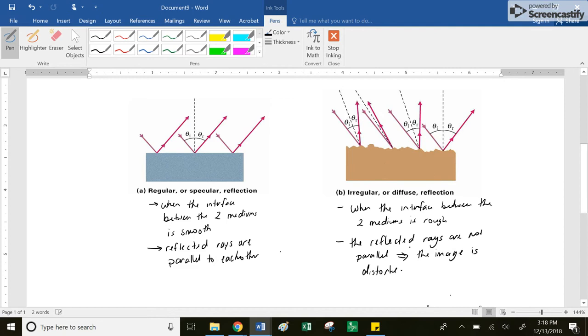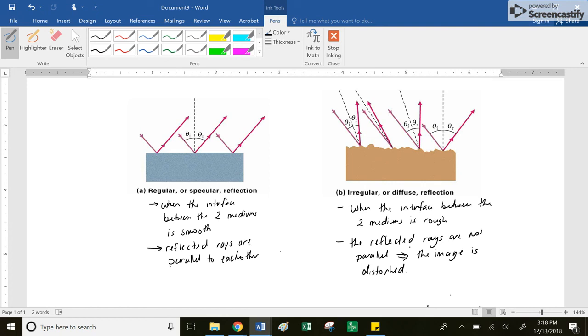This is the difference between looking at yourself in a mirror at home, where you have a very thin layer of metal and then a coating of glass, and the glass is very smooth. So when you look at yourself in the reflection, it's not a distorted image. It looks like what you actually look like.